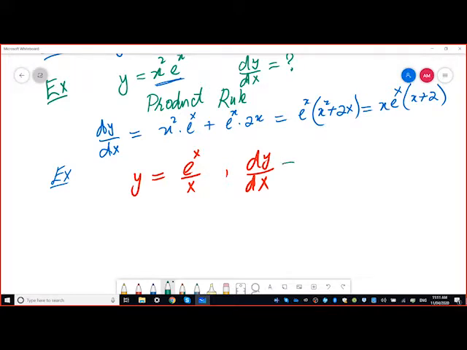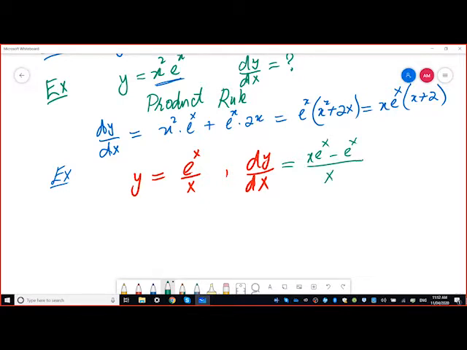So let me show how to solve this then. So it becomes x times e to the power of x, minus e to the power of x, divided by x squared.